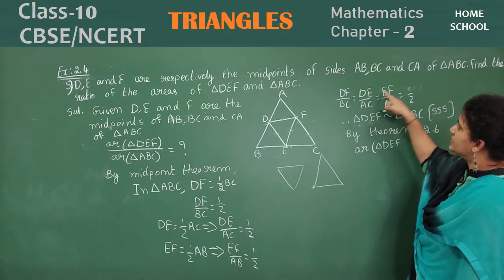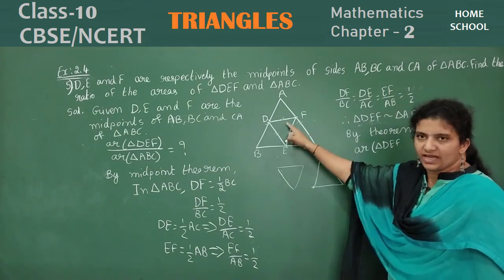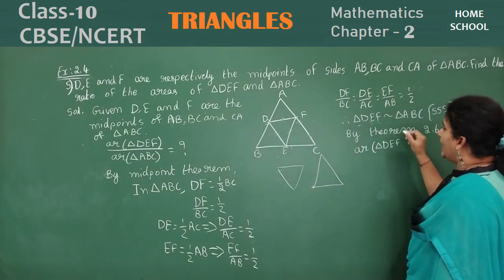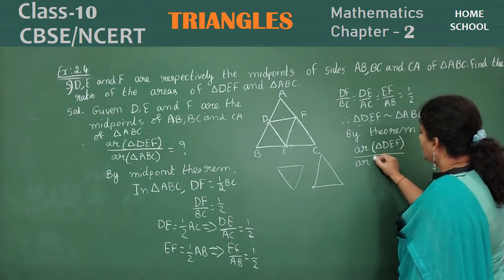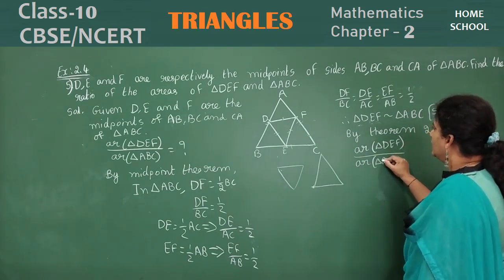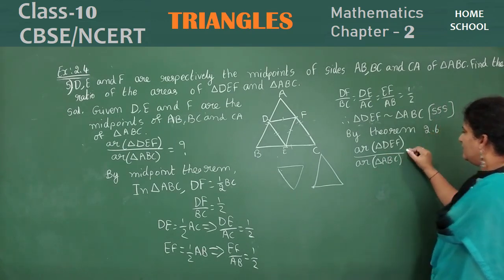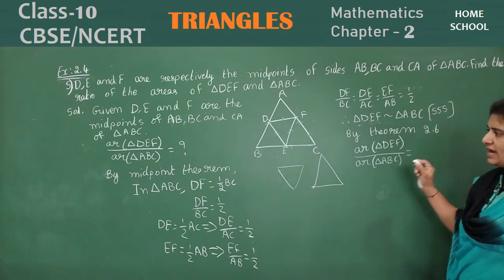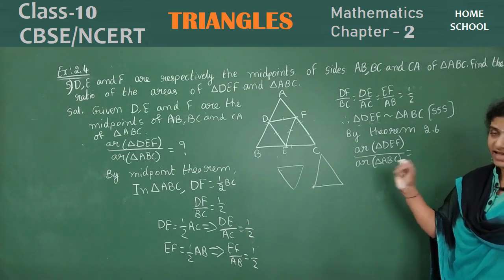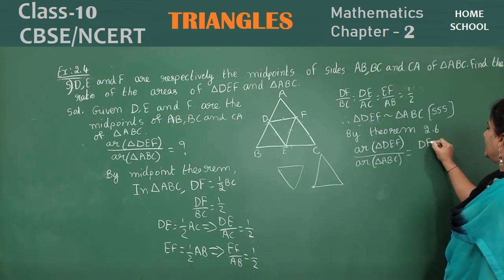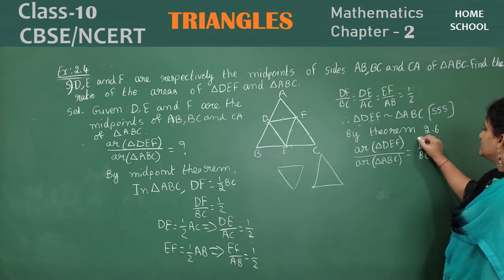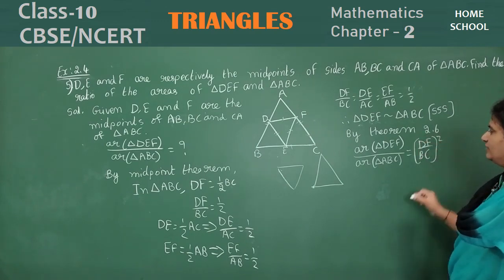See here, numerator, which triangle do you have? This triangle, right? I'll write that one. Area of triangle DEF by area of triangle ABC is equal to, what is that? Square of their sides. So any one side you take. DF by BC I will take. Square of that, right?